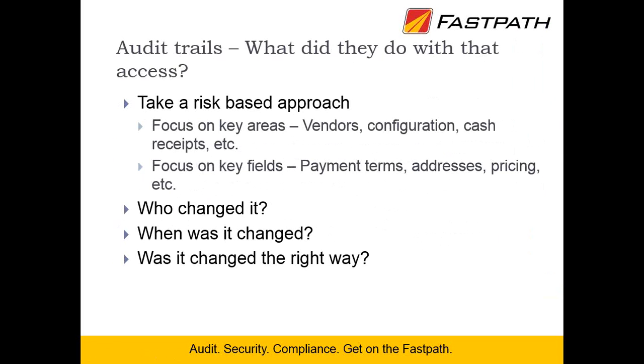You can also look at oddball values, right? So if you start seeing numbers that always end in 00 or 999999, or your credit hitting different thresholds constantly, numbers just below $1,000 or $10,000. You're looking for when it was changed and those specific values, and then was it changed the right way?